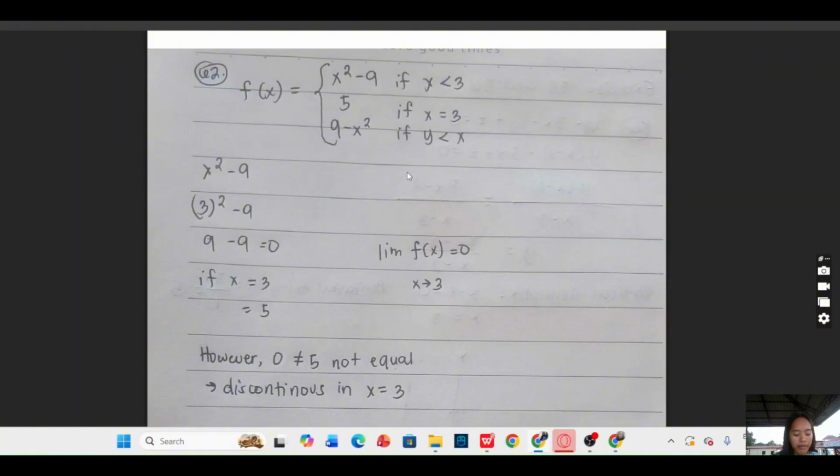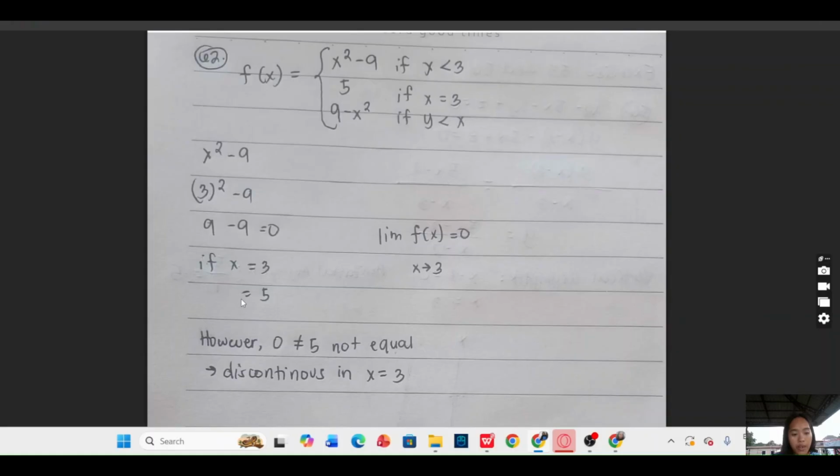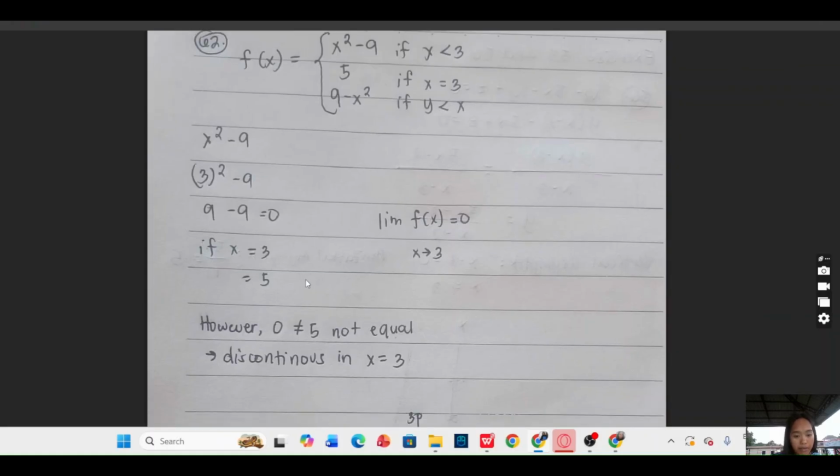So we have x squared minus 9 if x is less than 3, 5 if x is equal to 3, and 9 minus x squared if x is greater than 3. So for x squared minus 9, we just input the 3. So 3 squared minus 9, that would be 9 minus 9, which is equal to 0.